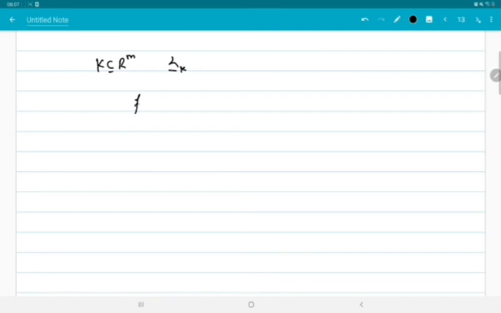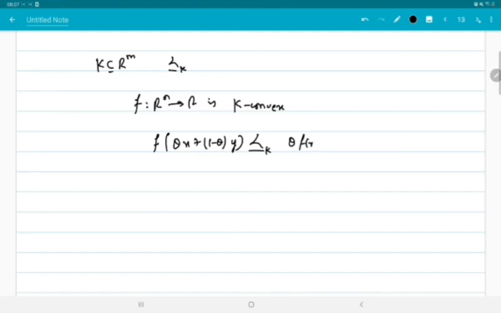Then we say that a function from Rn to Rm is K convex, the term we use, if f of the convex combination is ordered in K against this value.